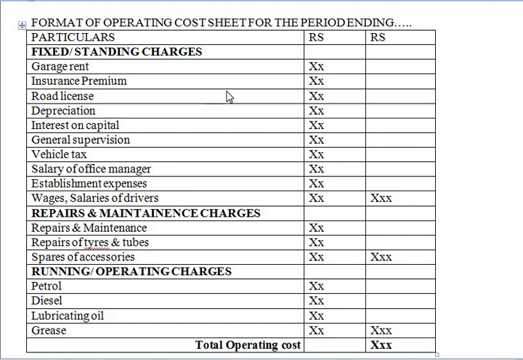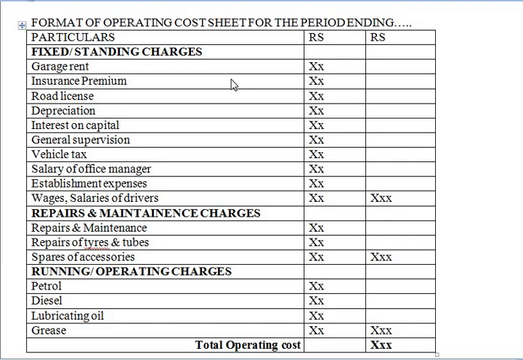Particulars and 2 amount columns. Now this operating cost sheet is divided into 3 parts. One is fixed or standing charges, then the second part is repairs and maintenance charges, and the third part is running or operating charges. Now, which are the fixed charges?